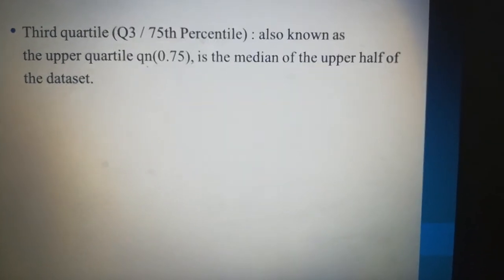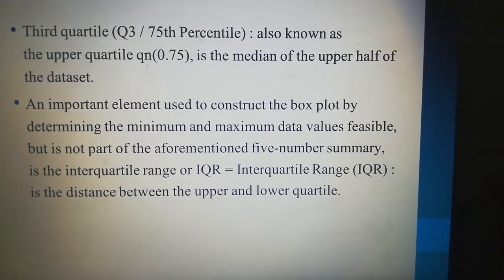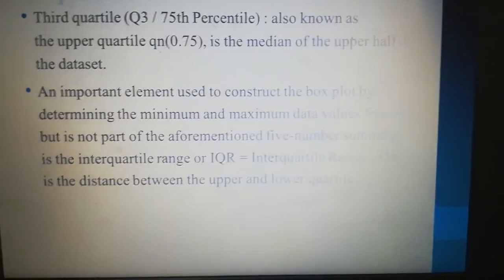These are important elements used to construct the box plot.